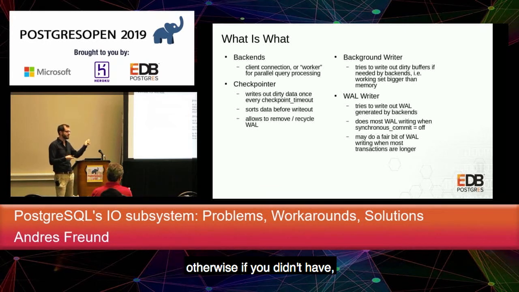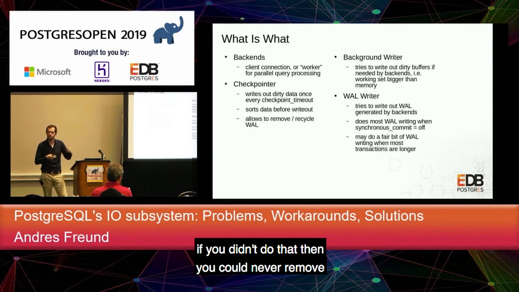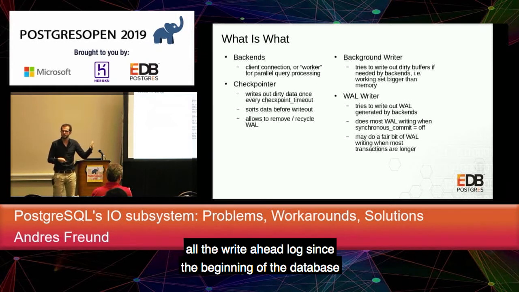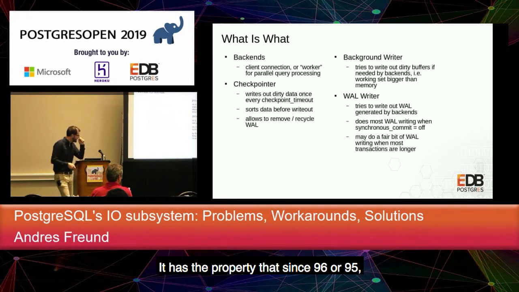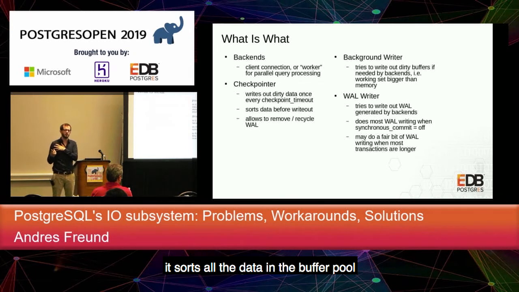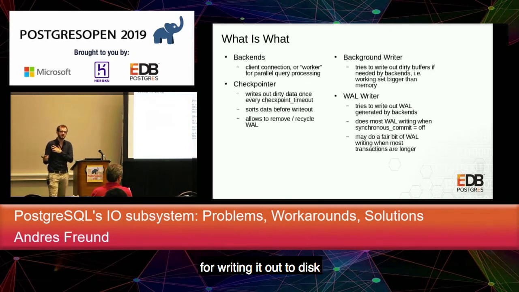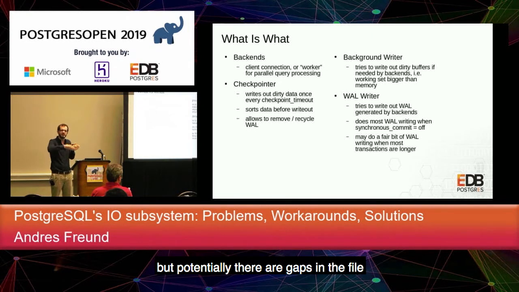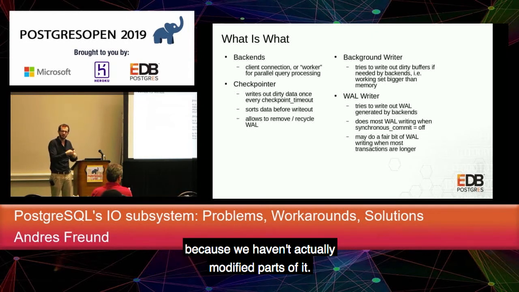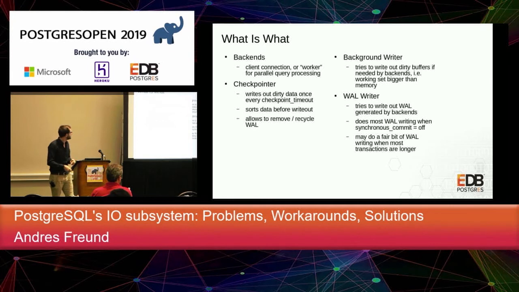Otherwise, you could never remove write-ahead log, and if you crashed, you would have to reprocess all the write-ahead log since the beginning of the database, and that's obviously not feasible for most workloads. Since, I think, 9.5 or 9.6, it sorts all the data in the buffer pool before writing it out to disk. That means most of the writes are sequential, but potentially there are gaps in the file because we haven't actually modified parts of it.